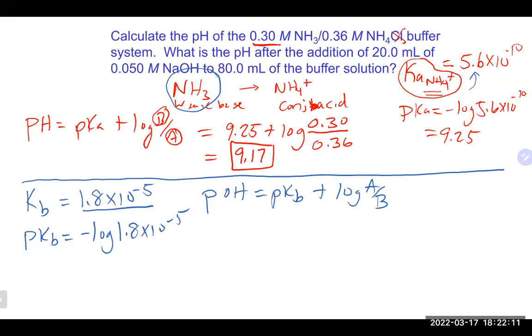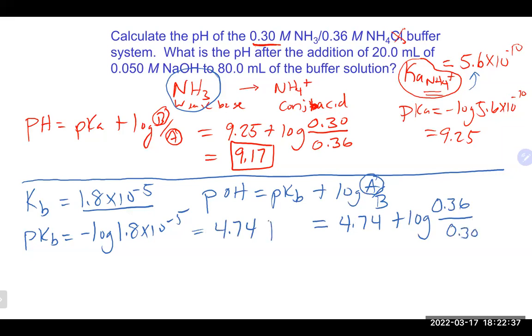That gets us minus the log of 1.8 times 10 to the minus 5, which gives us a 4.74. And putting that into our equation here would give us 4.74 plus the log. The important part here, though, is in this one, the acid needs to go up on top, which means we should put 0.36 divided by 0.3. And a reminder that this does not give you the pH. This is going to give you the pOH in this case.